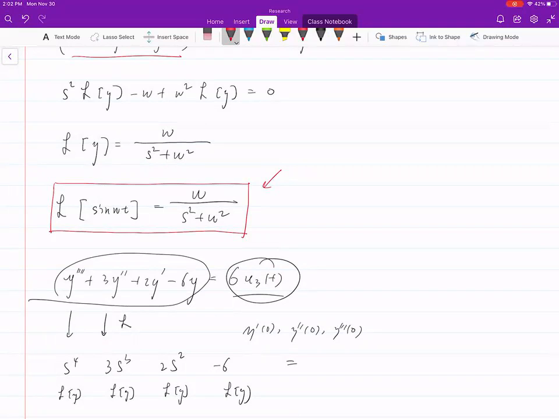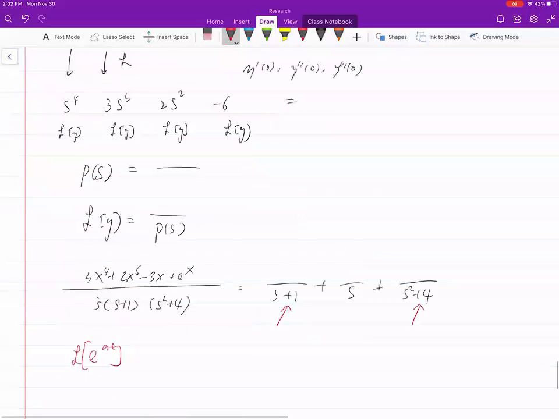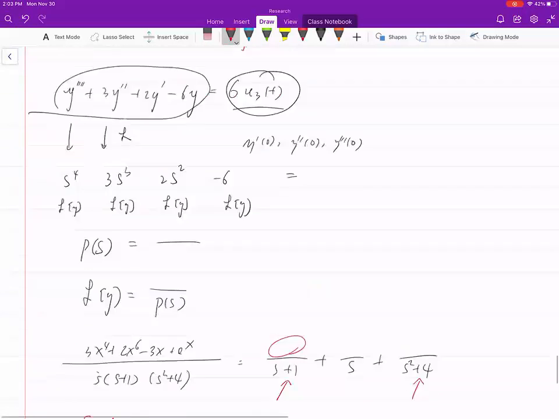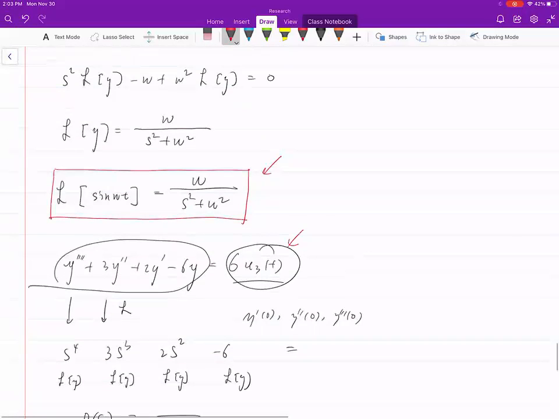Then you can do partial fractions, and you only have two kinds of denominators, the linear ones and the irreducible quadratic. The linear ones always correspond to exponentials, and the irreducible quadratic always corresponds to sine, cosine. And the top really depends on what kind of force you put in initially.